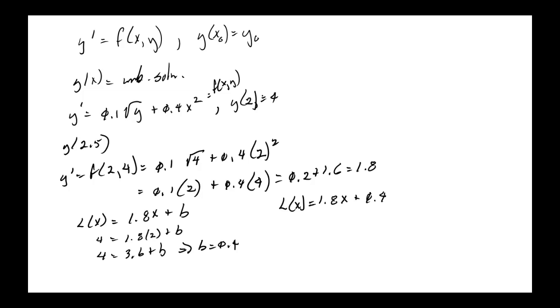That's what we call the linearization of y of x at x equal 2. Because we plugged in x equal 2, we knew it was heading toward 4, that gave us a b of 0.4. We can use that to approximate the value in a very small neighborhood around x equal 2.